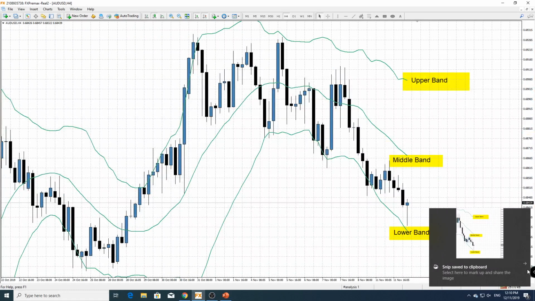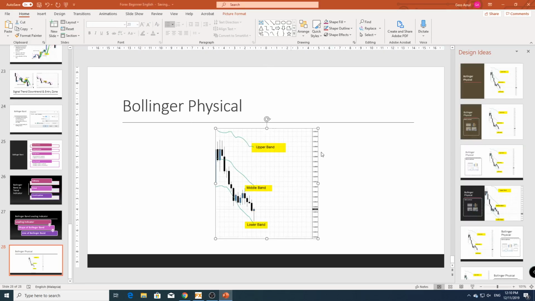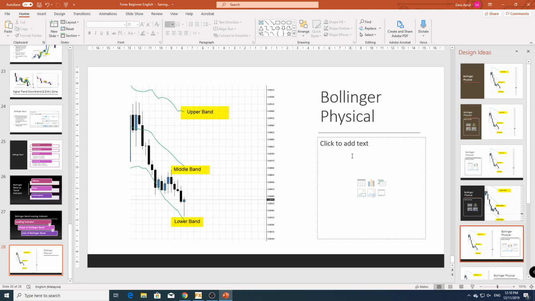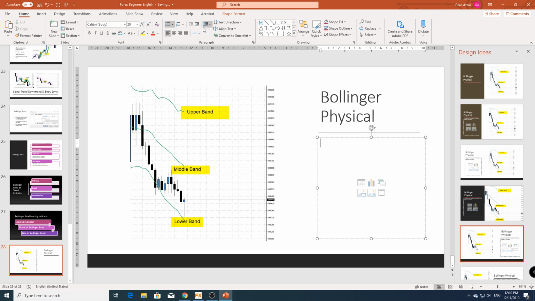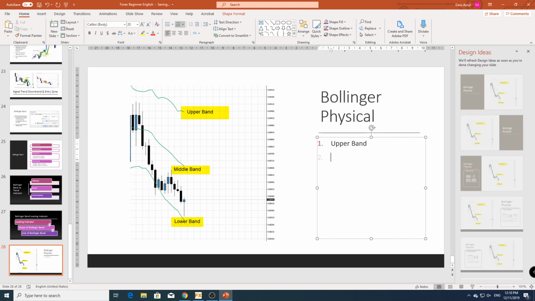I'm going to copy this and put it in our chart, our notes, and you're going to have these notes later. But first you need to understand what this is and how it's formed. The first thing I'm going to write down here: we have the upper band, the middle band, and the lower band.